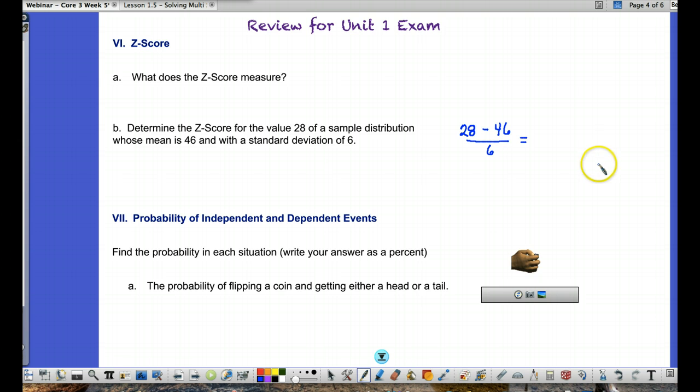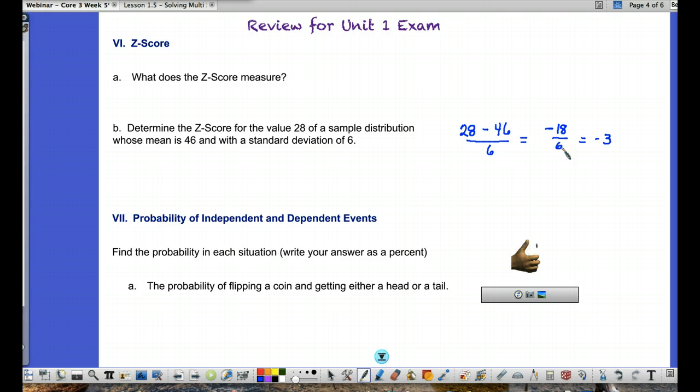If you want to use your calculators, totally fine, but if you can do it in your head, that would be awesome. So you do get negative 18, and that's divided by 6, which is negative 3 standard deviations from the mean.